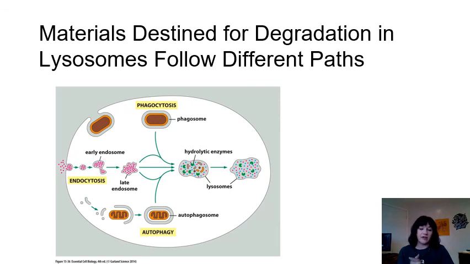Then that autophagosome will fuse with the lysosome, and the contents, such as in this case a mitochondria, will be broken down. Right? So autophagy and phagocytosis are quite similar. Again, you should be able to compare and contrast these 3 methods, these 3 paths that materials can take on their way to the lysosome for degradation.